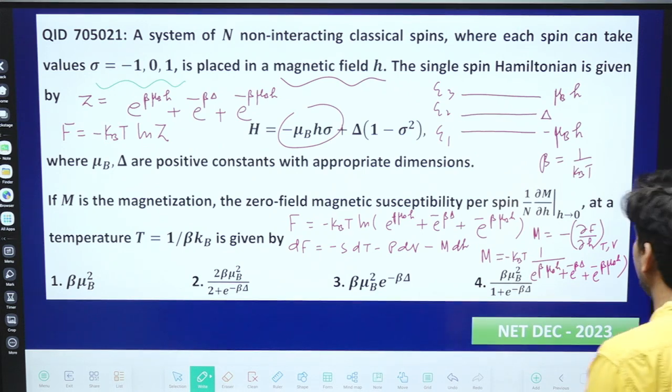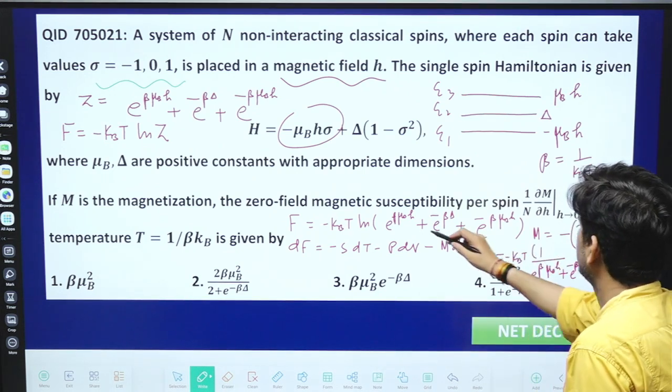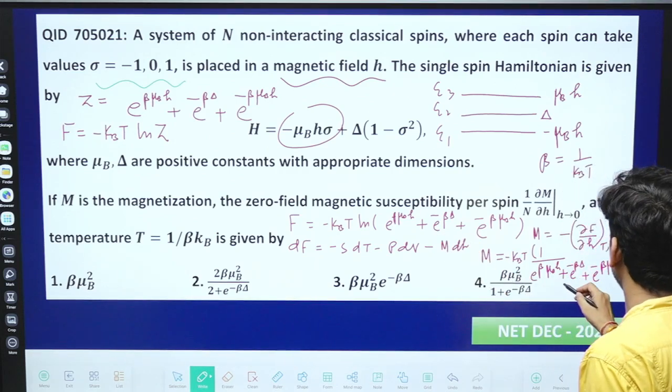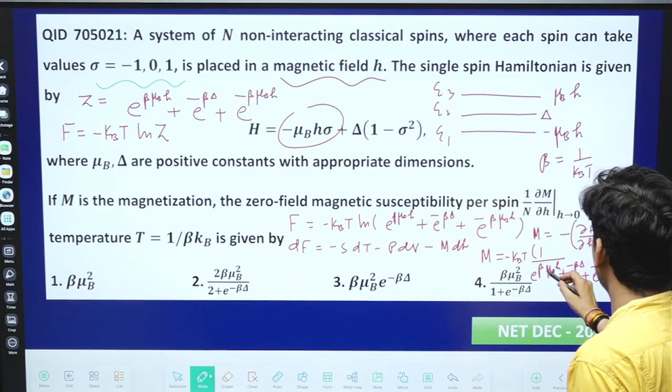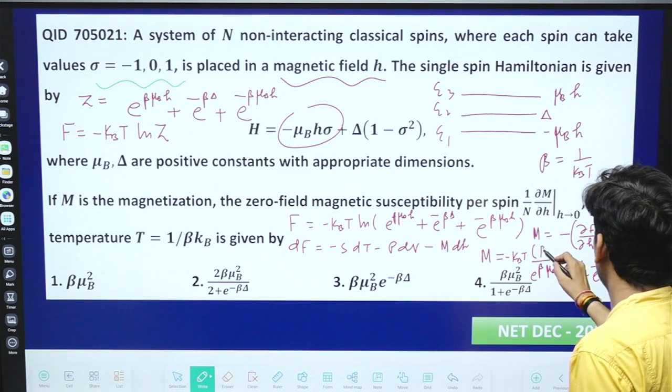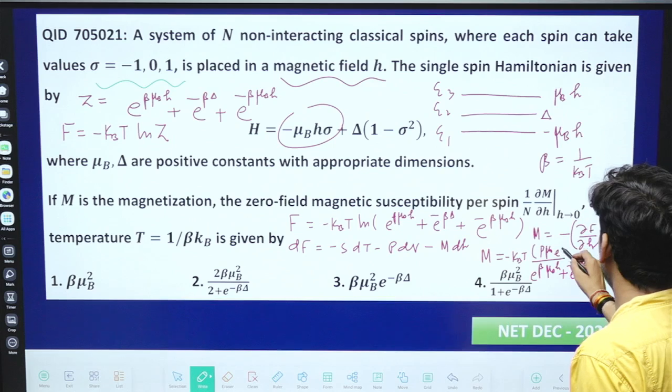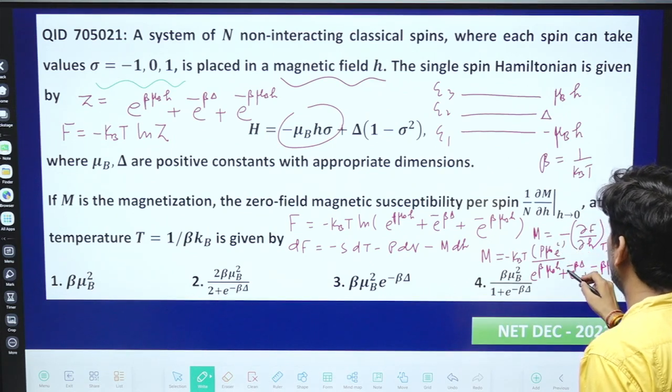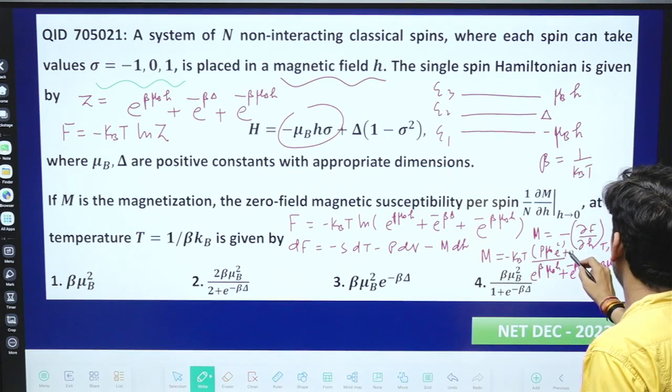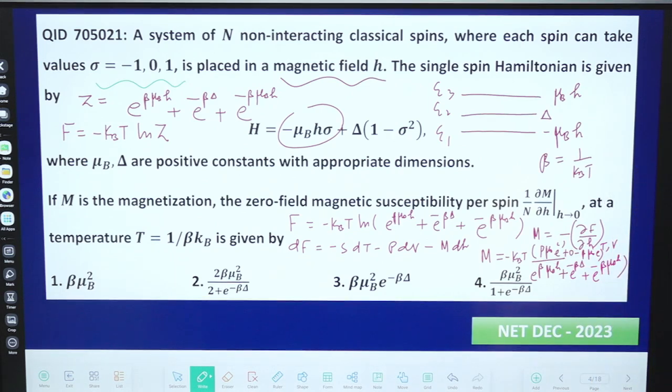When you take the derivative, in the numerator beta mu_B comes with the exponential remaining, and the middle term becomes 0, and then minus beta mu_B comes with the exponential remaining.